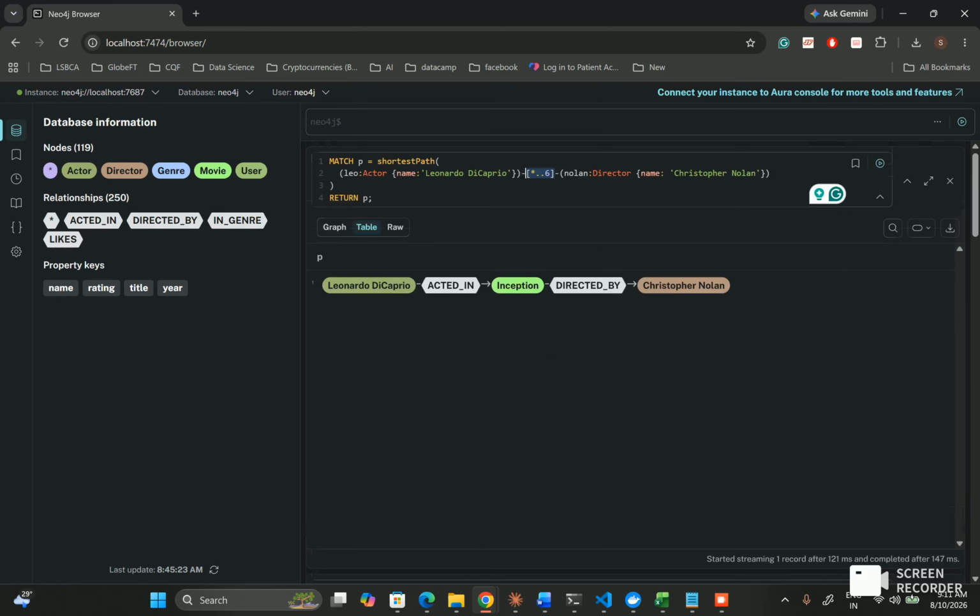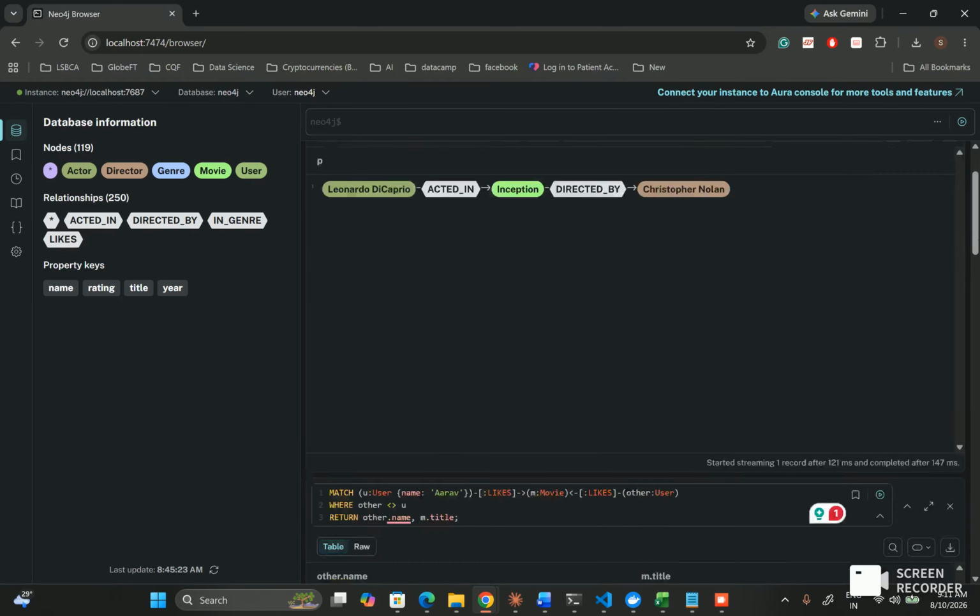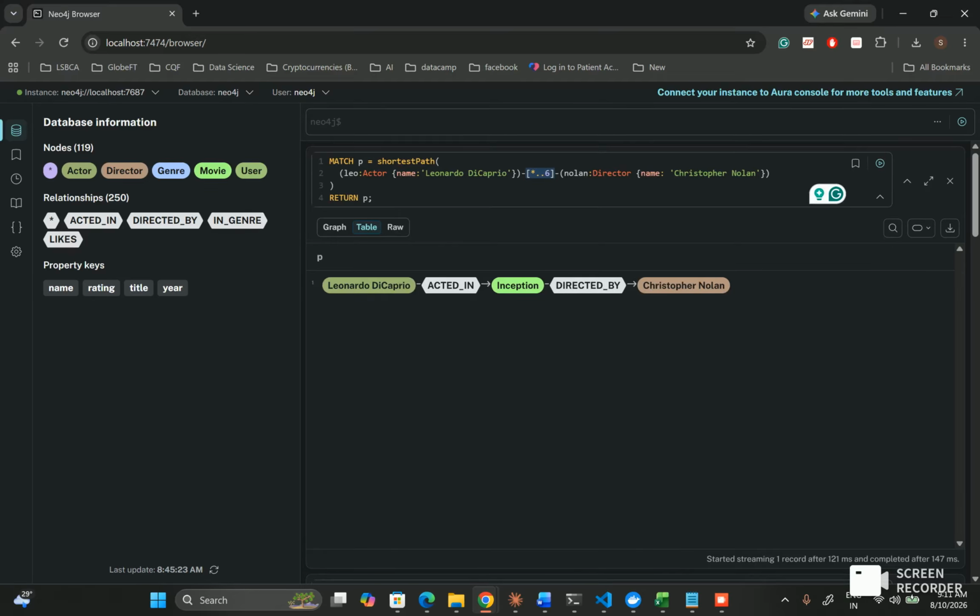See, this is very interesting if you compare with SQL. It's easier to get the connections, you know, in this particular way in graphical form. So let's run the first feature, that is recommend movies.